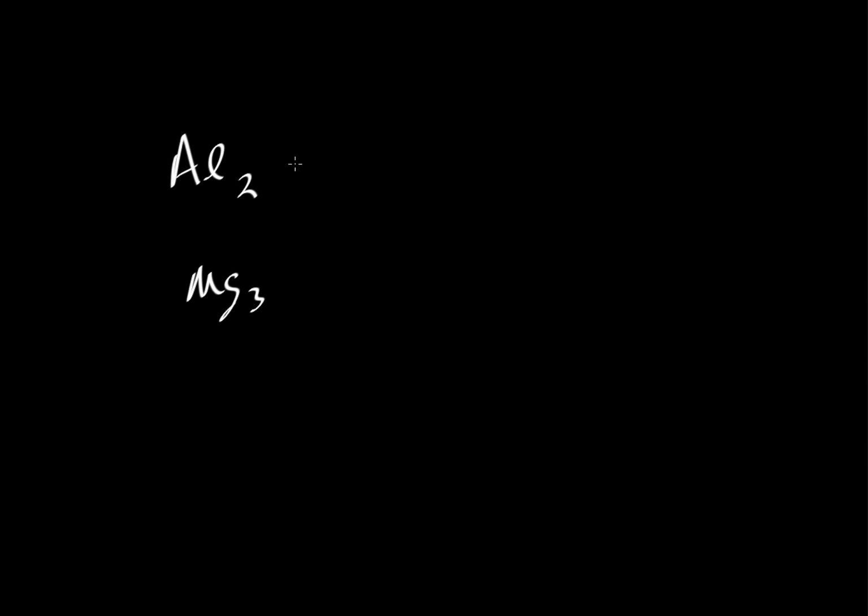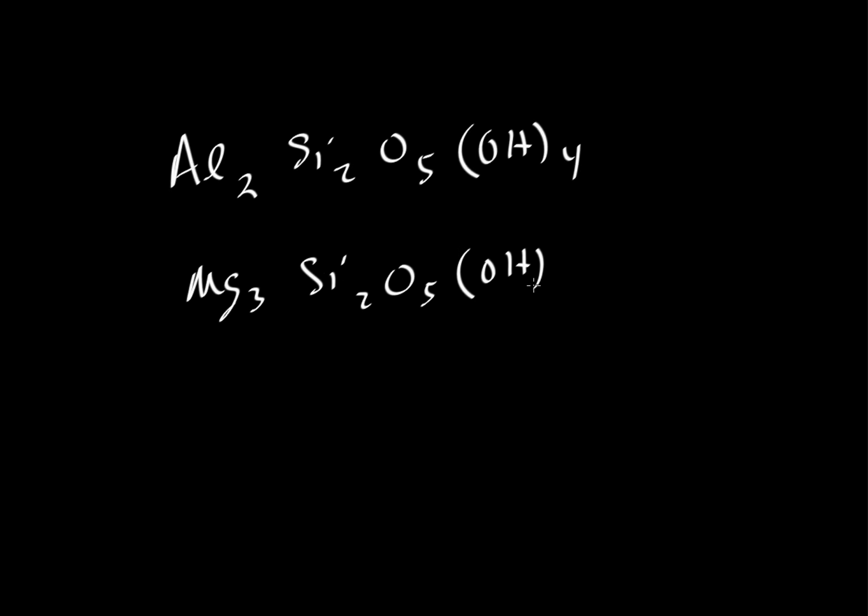We can rewrite the mineral formula we were just looking at, Si2O5 and then OH4 for the case of kaolinite, and then Si2O5, OH4 for the case of lizardite, where we have magnesium filling those octahedral sites. If all of the octahedral sites are filled as they would be with magnesium, then we have layered silicates that are referred to as trioctahedral.